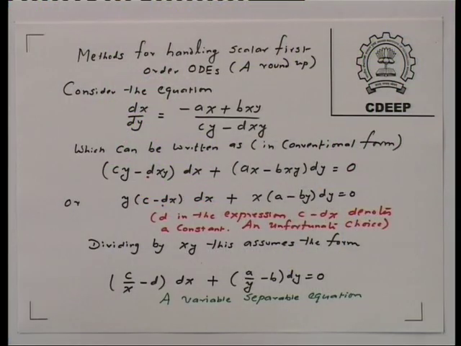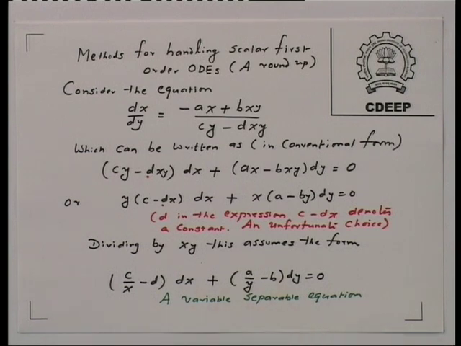So with the same kind of analogy, we will just for convenience write this differential equation as: multiply by cy minus dxy and multiply by y. It's not multiply by dy. And so what you write down is cy minus dxy dx plus ax minus bxy dy equal to 0. This is a way of writing the differential equation. Now don't ask what is dx and what is dy. You have to interpret it as the previous equation.